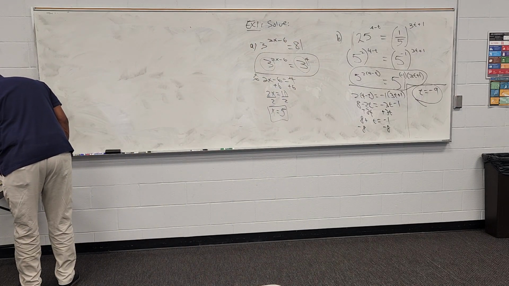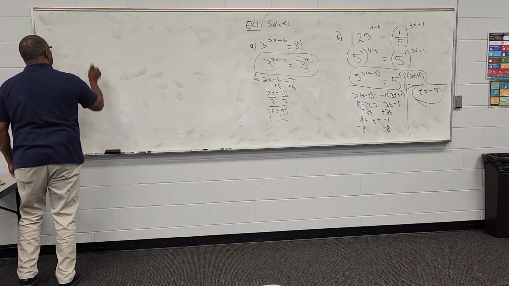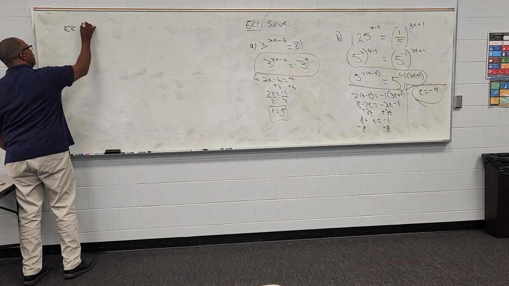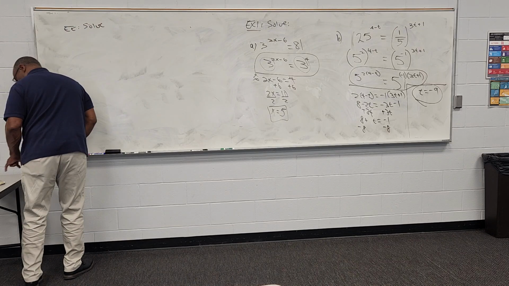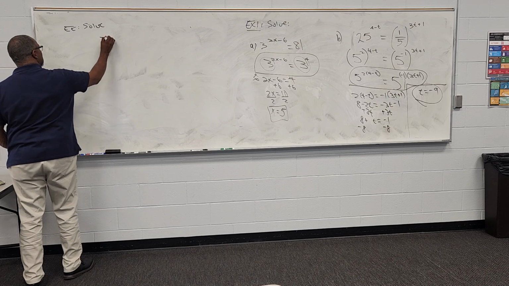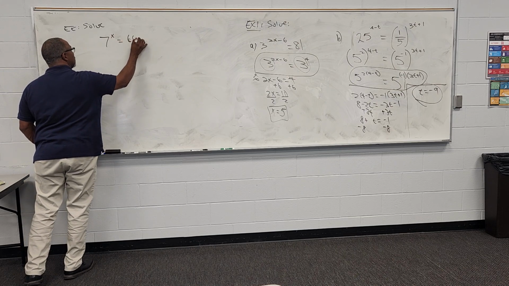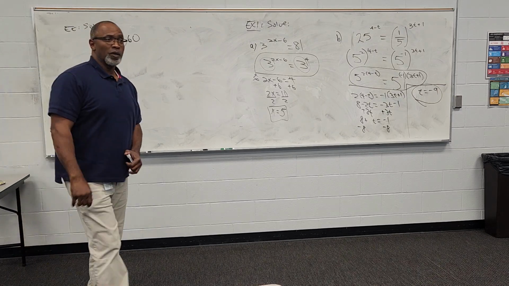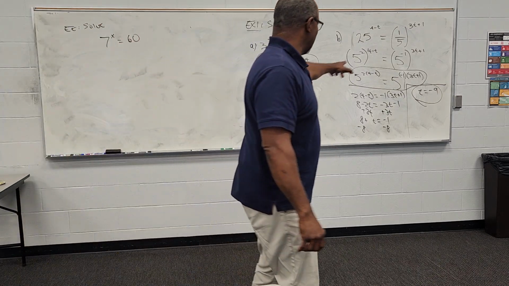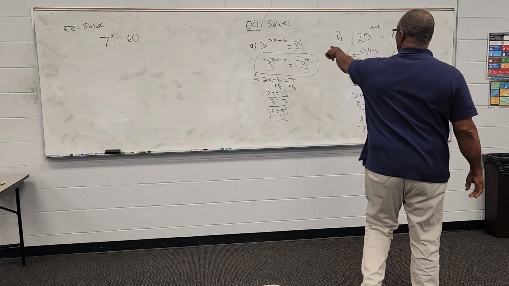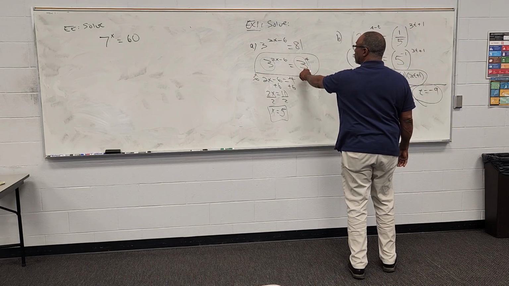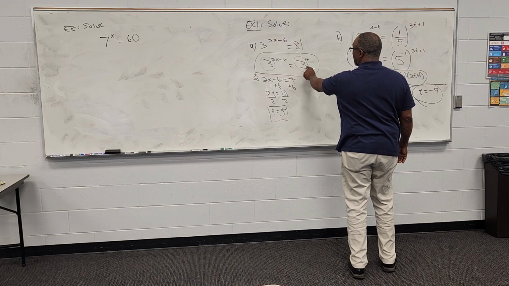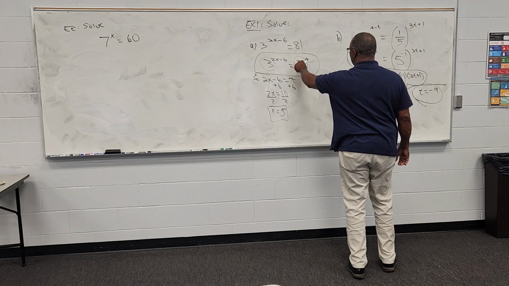Well, the problem becomes, if I ask you to solve 7 to the x equals 60. I've got a problem because on all of these, I could express 81 as something with an exponent with a base of 3, so I'd have the same base.